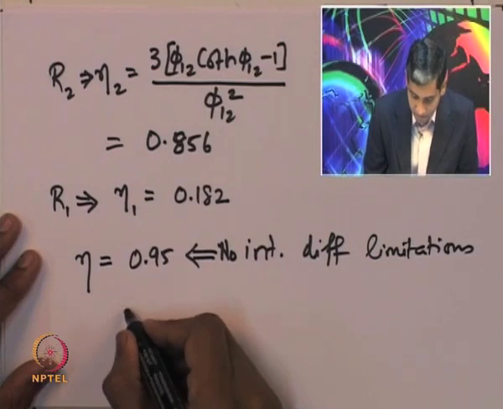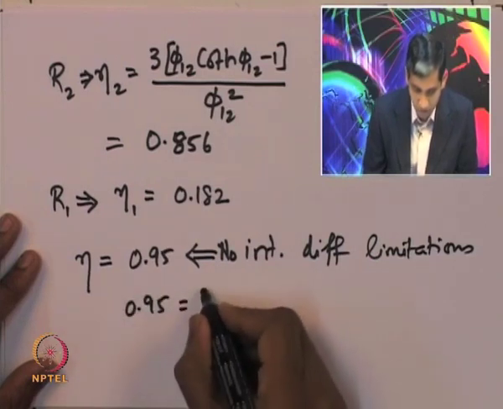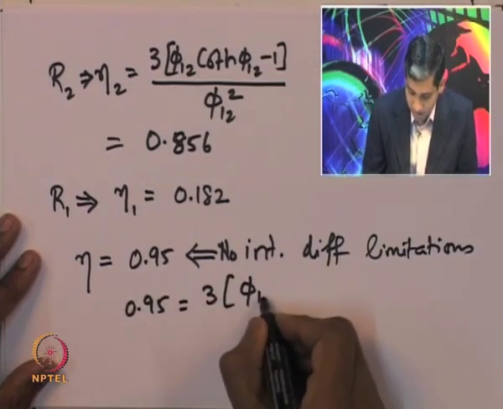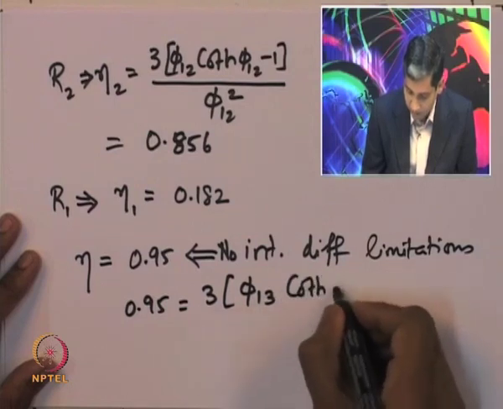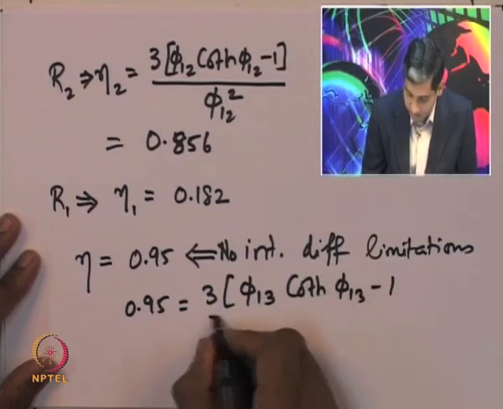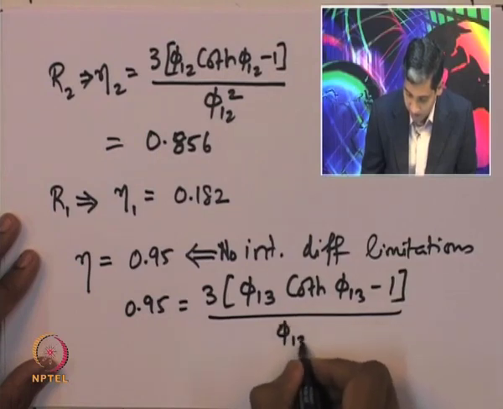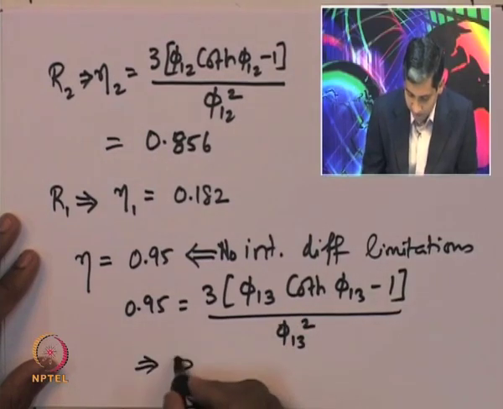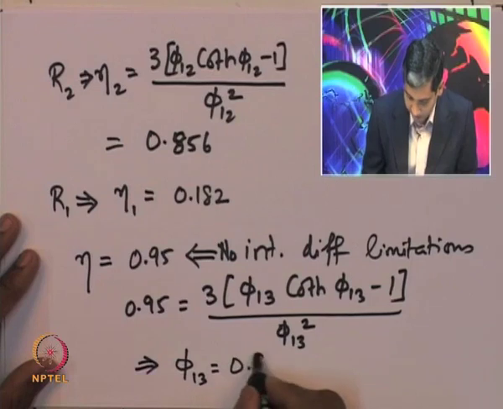So, we know that 0.95 is equal to 3 times phi 1 3 coth phi 1 3 minus 1 divided by phi 1 3 square. So, by solving this we can find out that phi 1 3 is about 0.9.